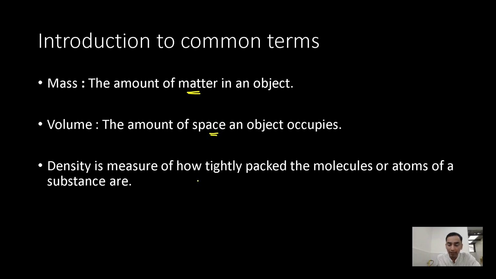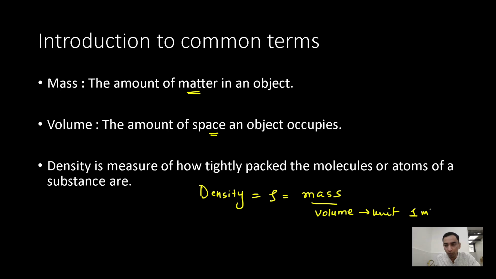Density is represented by a symbol rho, and density is mass per unit volume. So the formula for the density is mass upon volume. If I take unit volume in physics, meaning 1 meter cube or 1 centimeter cube, then the density becomes mass divided by unit volume, that means 1, and anything divided by 1 is the same number.